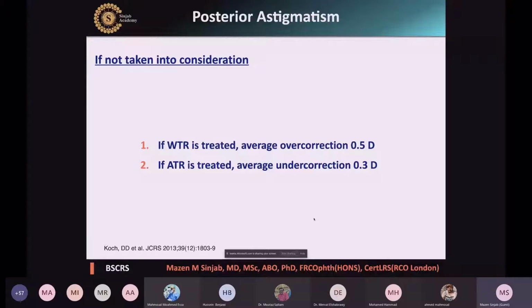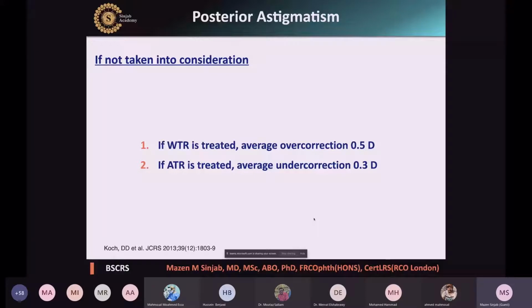Now you may say, come on, this is 0.3 or 0.5, it doesn't affect. Remember, this is the average, but the standard deviation means that you may end up with 1 diopter overcorrection or 1 diopter undercorrection, which has an effect if you are using premium IOL. It's very important to remember this.